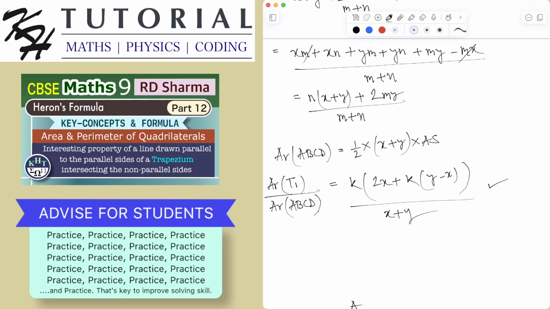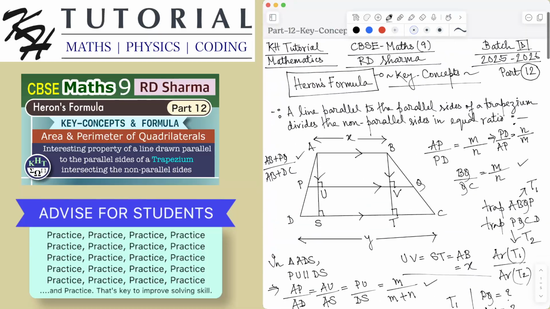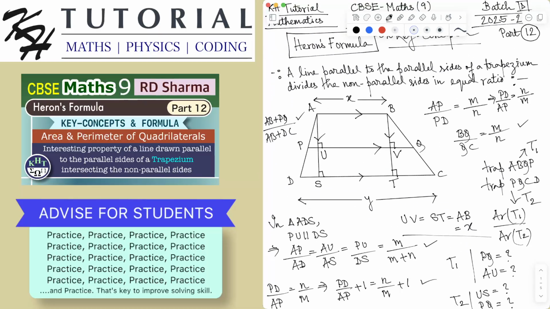Sorry friends, I think I messed it up. I thought that the ratio of the area of trapezium T1 and the area of the original trapezium would be in terms of the ratio by which the line PQ is dividing the non-parallel sides, but it seems the ratio of the area of the trapezium T1 and the area of the trapezium ABCD is coming in terms of x and y.